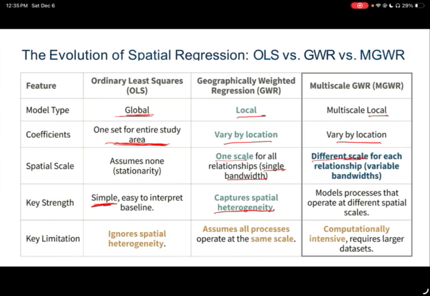There are some limitations of OLS in here. Since it is stationary, it ignores the spatial heterogeneity. For GWR, since it only has a single bandwidth, it assumes all the variables have the same impact scale. But for MGWR, the limitation is a very long computational time.